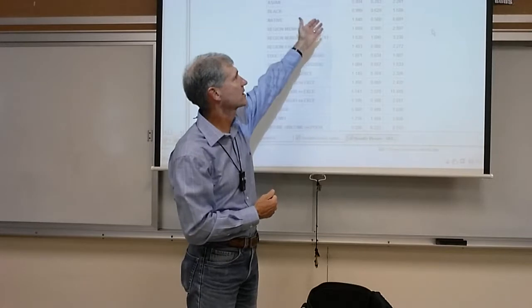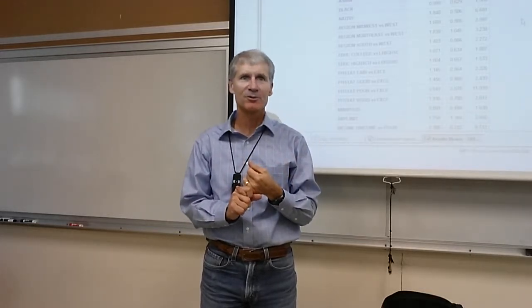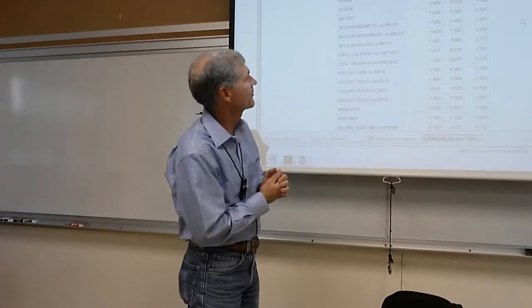So age is clearly not important. The point estimate is almost 1, 0.999. So somebody who's 39 has 99.9% the same chance of getting hospitalized as somebody who's 38. Whatever age I said, one less than that. Okay, now what about gender?